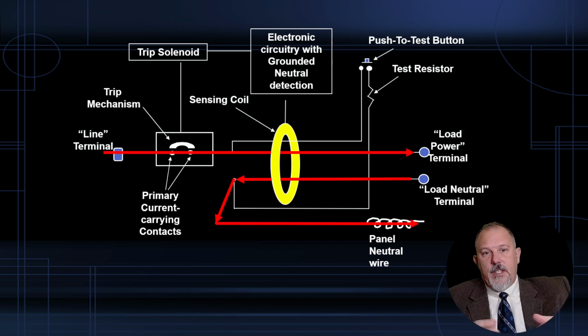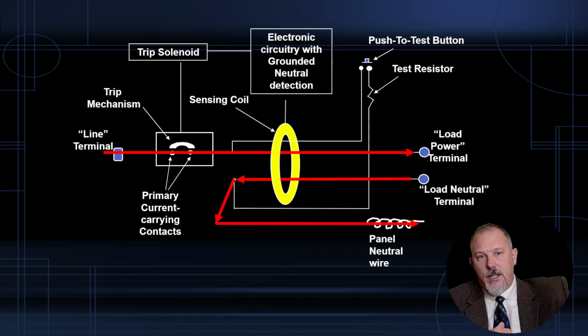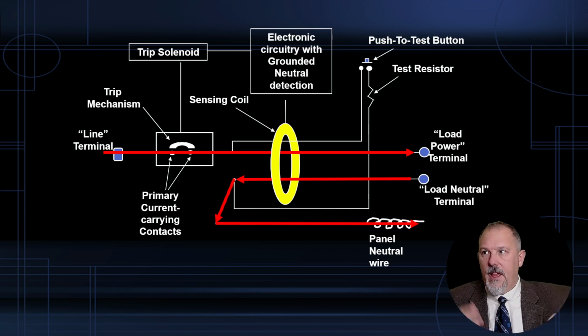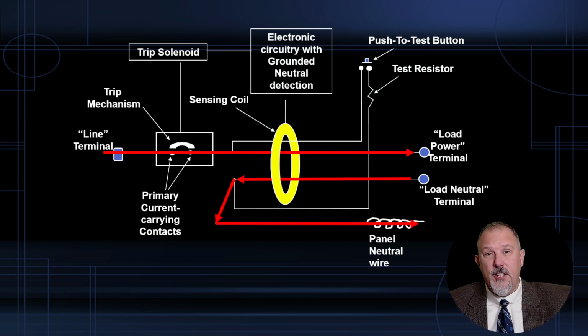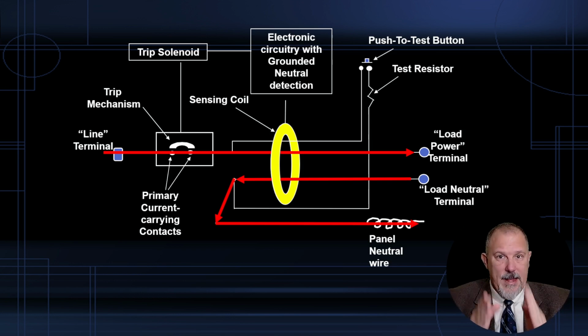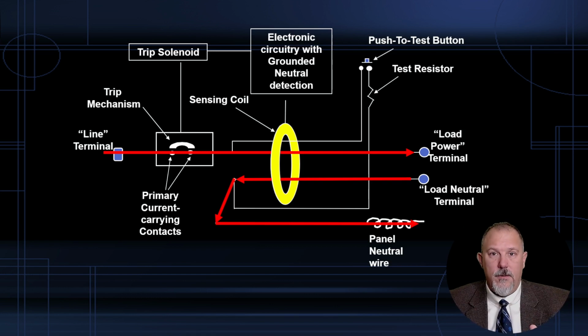So each of these devices, the output of that will go into that electronics. And then inside of the electronics is a brain that has to say, okay, if the current that's coming out of this sensor is greater than 4 to 6 milliamps, somewhere in that range and greater, then I need to open.